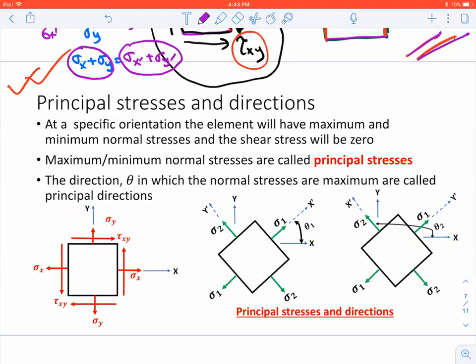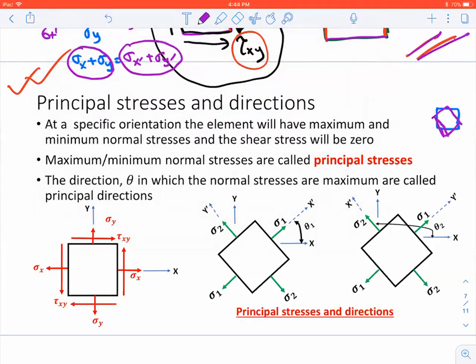Now, what are principal stresses? If you remember, if you look at a stress element from any structure without rotating it, if you take a small 2D section and look at it, and then if you look at it at a different angle, your stresses are not going to be the same.